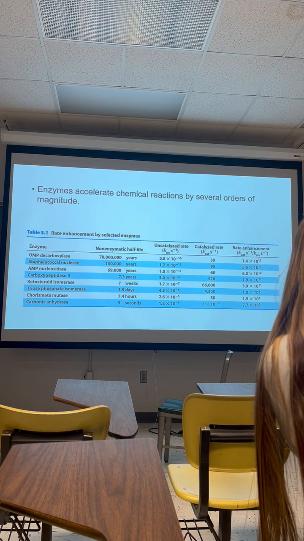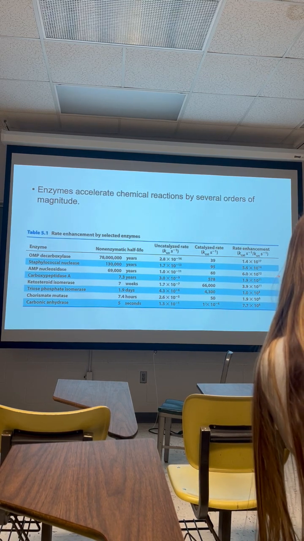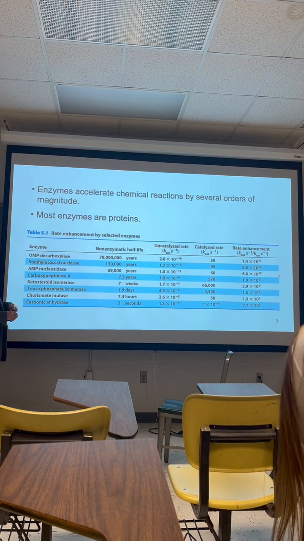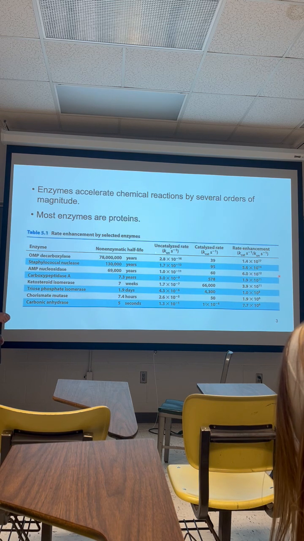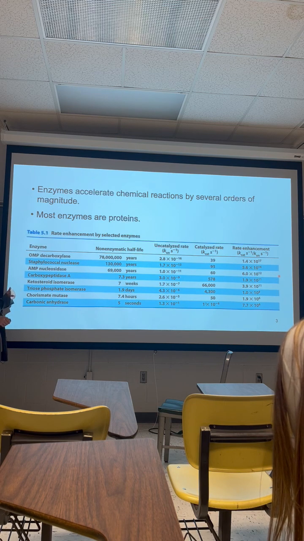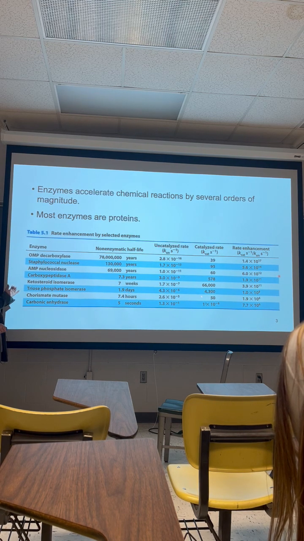because you don't know what those names are, what the reactions are. But what you see here is the rate of the uncatalyzed reaction, so how long it would take without an enzyme, and how fast this reaction proceeds in the presence of the enzyme.